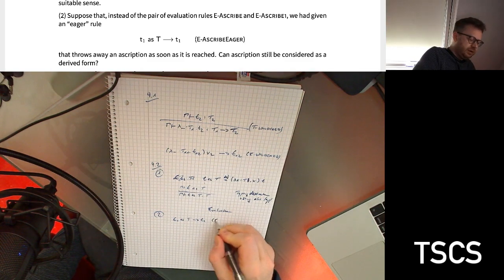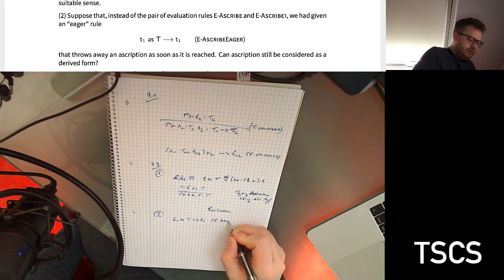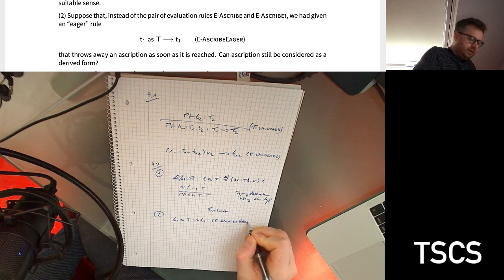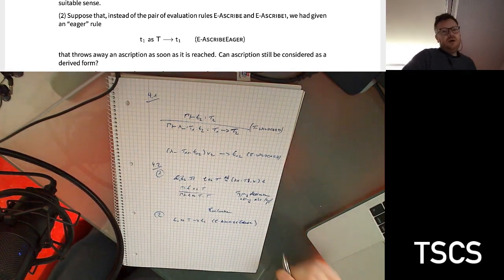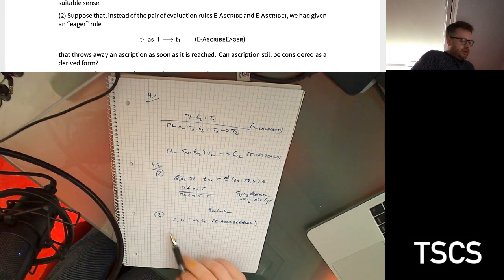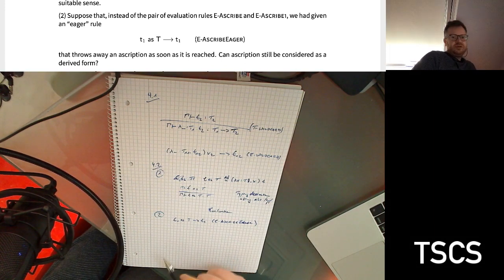We call that e-ascribe eager. So that would work. And that throws away ascription as soon as it's reached, as it's named here. Can ascription still be considered a derived form?